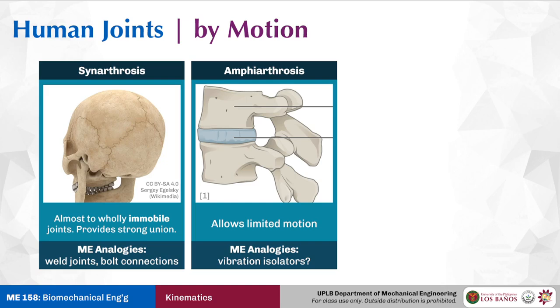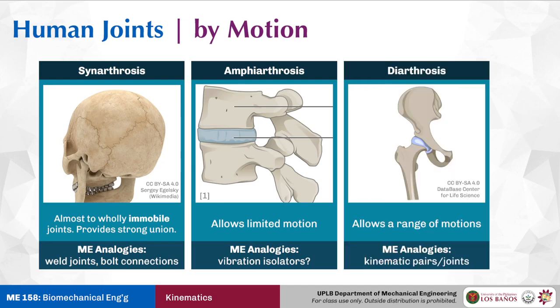If this joint was a synarthrosis, you wouldn't be able to move your spine at all. However, they're not as flexible. I am not sure if this is the right analogy for mechanical engineering systems, but they could be similar to vibration isolators, wherein they allow some motion, but are not supposed to permit a whole lot of motion, if you want to think of it that way.